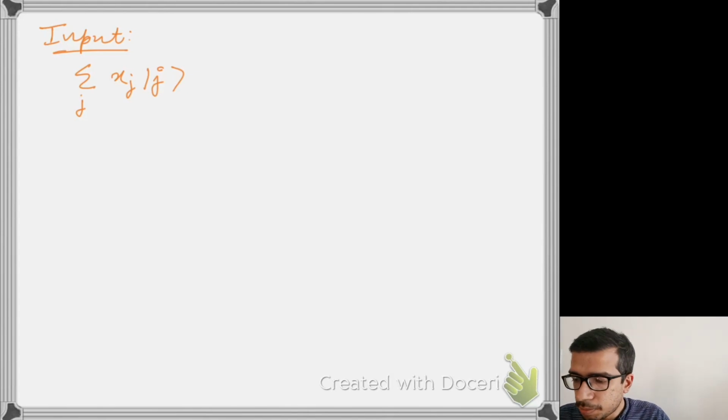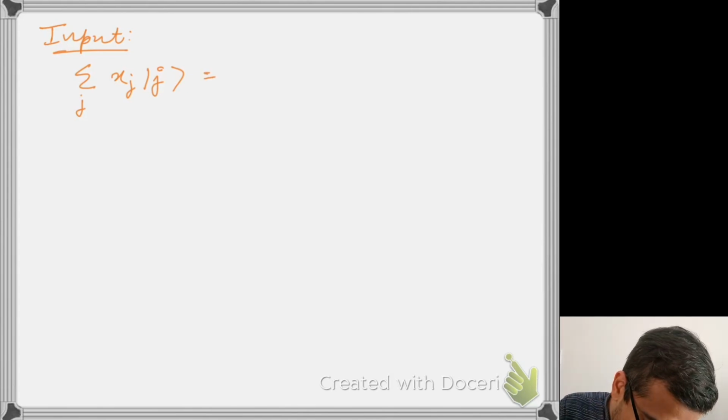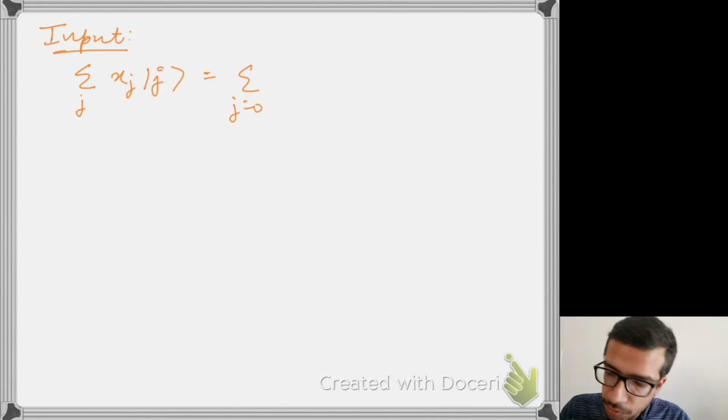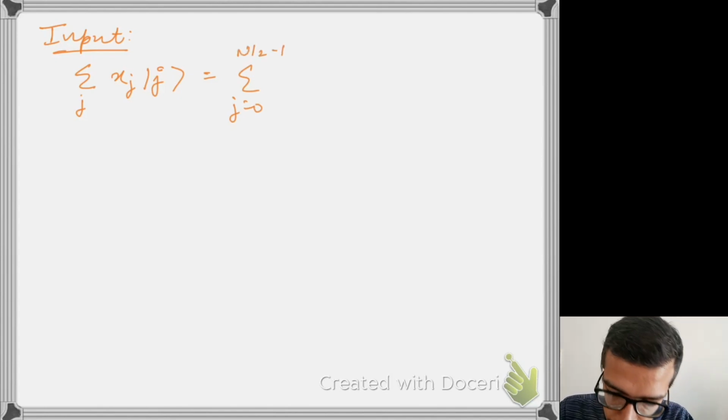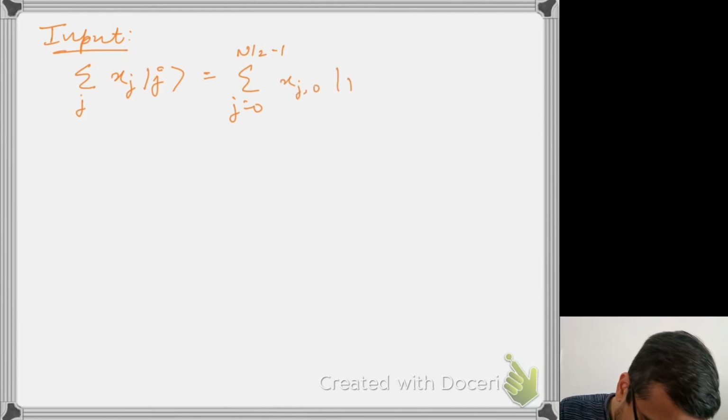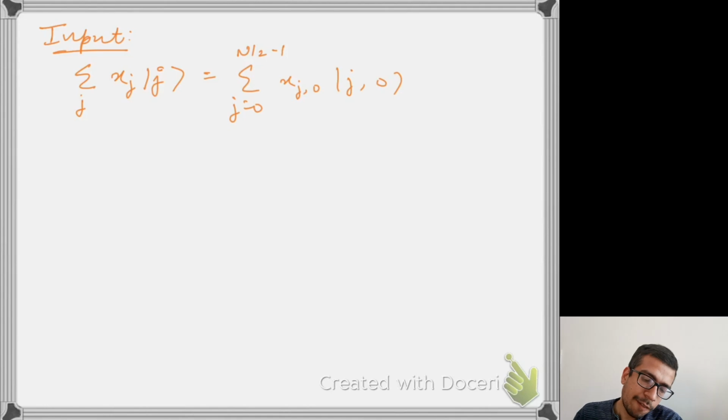So this can be expressed as sum over j from 0 up to capital N by 2 minus 1 of xj0 ket j0. So what I have done is that I have split out the last qubit separately. So now instead of summing from 0 up to capital N minus 1, I sum j from 0 up to n by 2 minus 1. But now I have two sets of terms, the even terms and the odd terms.